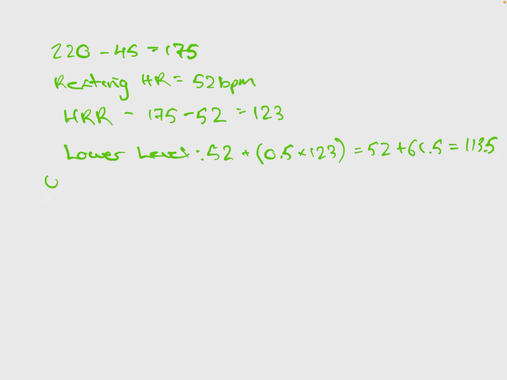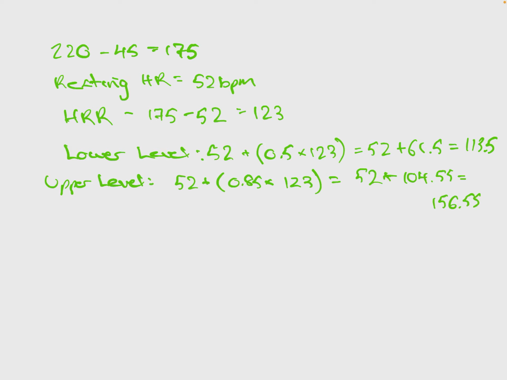For the upper level, now it's 52 plus 85% of the heart rate reserve, so 52 plus 0.85 times 123, which equals 52 plus 104.55, which gives my upper level of 156.55. So my target heart rate range using the Karvonen formula or heart rate reserve method is 113.5 to 156.55.